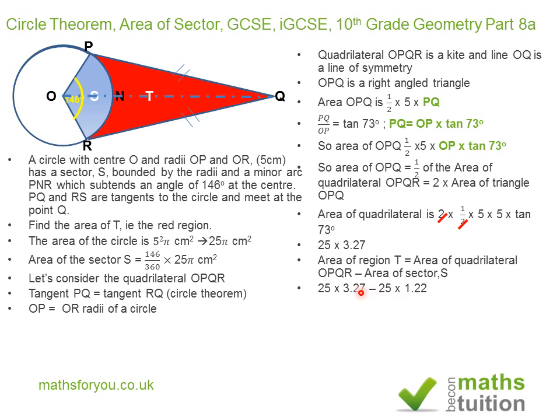If we now isolate 25, we have 25 times 3.27 minus 1.22, which gives us something like 25 times 2.05 centimeters squared, and that gives us a figure of 51.25 centimeters squared. To the nearest integer, the answer will be 51 centimeters squared.